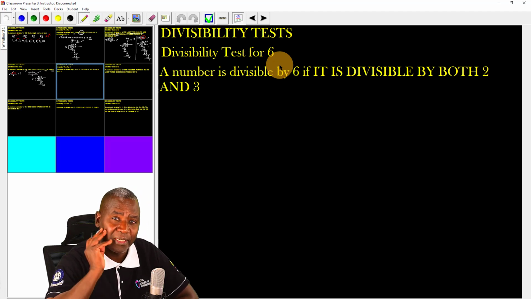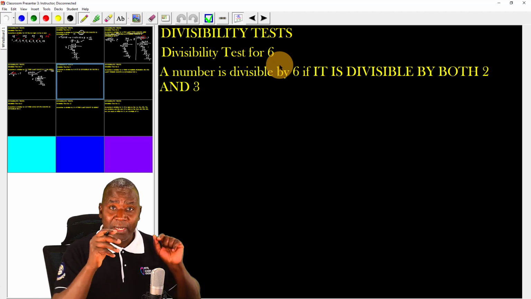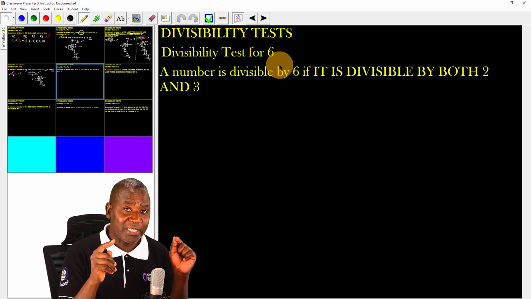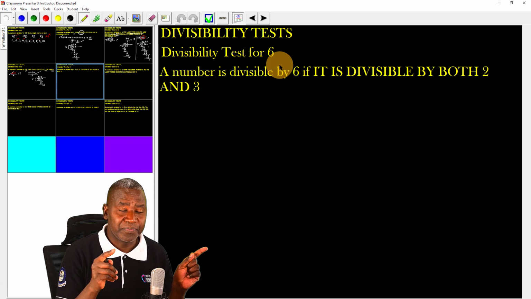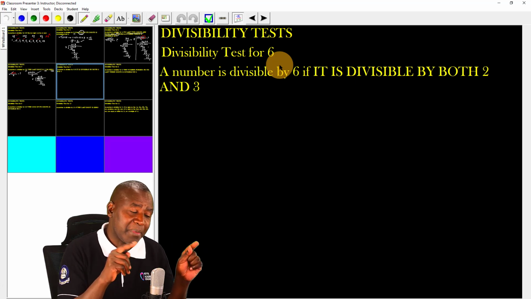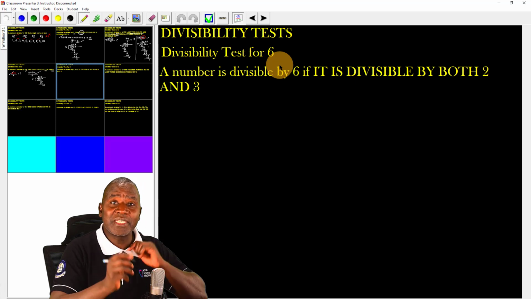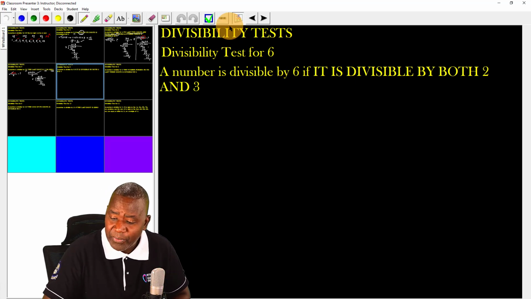What does it mean that it must be divisible by both 2 and 3? It means we get that number, we check whether it is divisible by 2, and we know the divisibility test for 2. And then we check the same number whether it is divisible by 3, and we know the divisibility test for number 3. Let's have a look at an example.